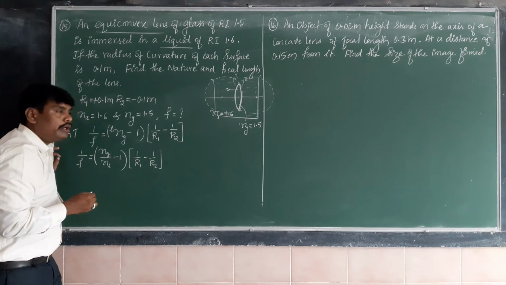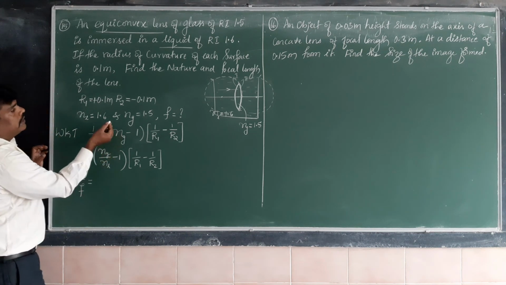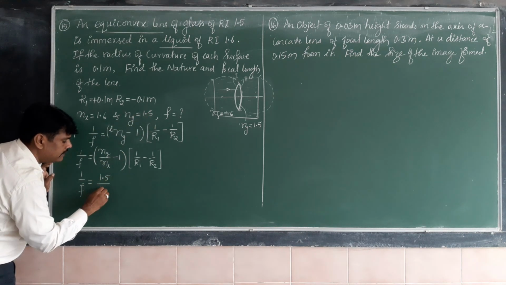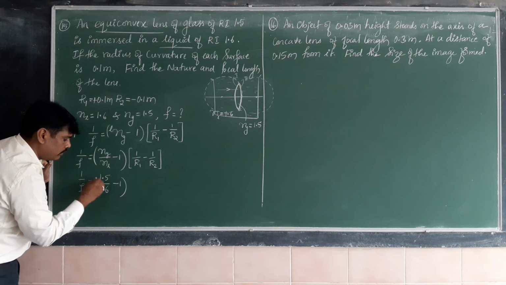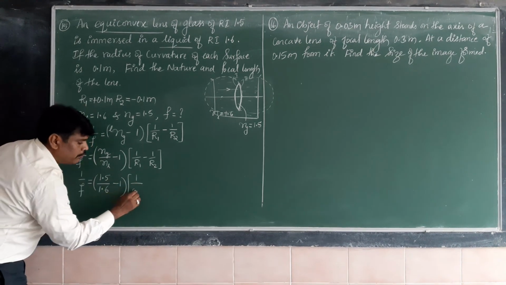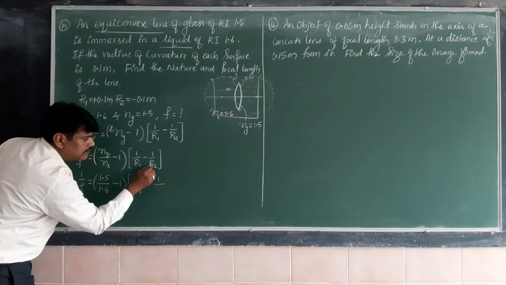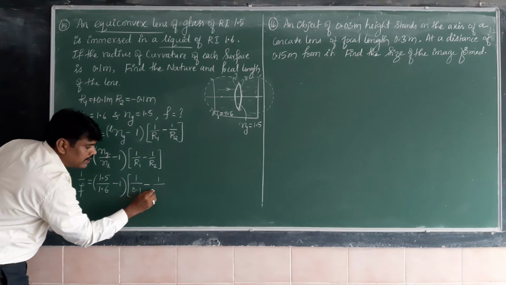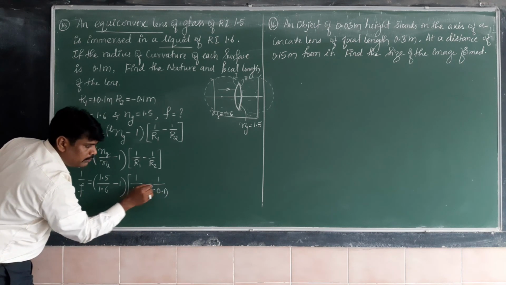In the next step, I am going to substitute all the values to find the focal length. 1 by f is equal to Ng, 1.5, divided by refractive index of liquid, 1.6, minus 1, times 1 divided by R1, R1 is plus 0.1. In the formula R2 is minus, and the value of R2 is also minus, so here I write one more step, minus 0.1. This minus and minus will become plus in the next step.